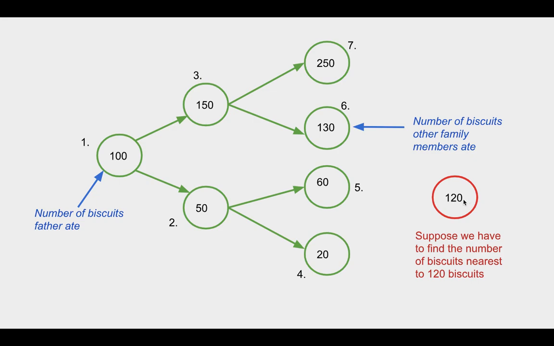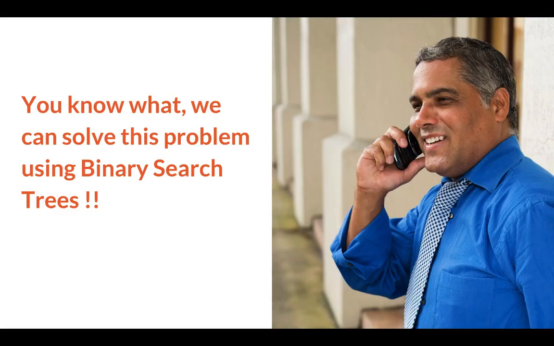And because we have a human brain, of course, we can directly see that 130 is the number of biscuits which is nearest. But we have to write a computer program to solve this question. So what could be the solution for this problem? Stay tuned for this.